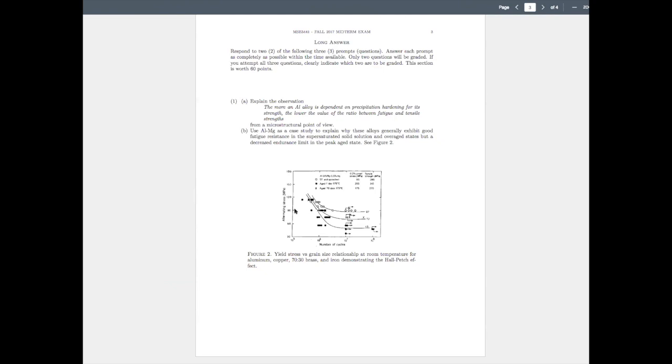So when going through the notes and thinking about the exam, that's the stuff I want you to focus on. Don't memorize. There are a lot of details you don't need to memorize. You do need to know the precipitation sequence for aluminum copper.